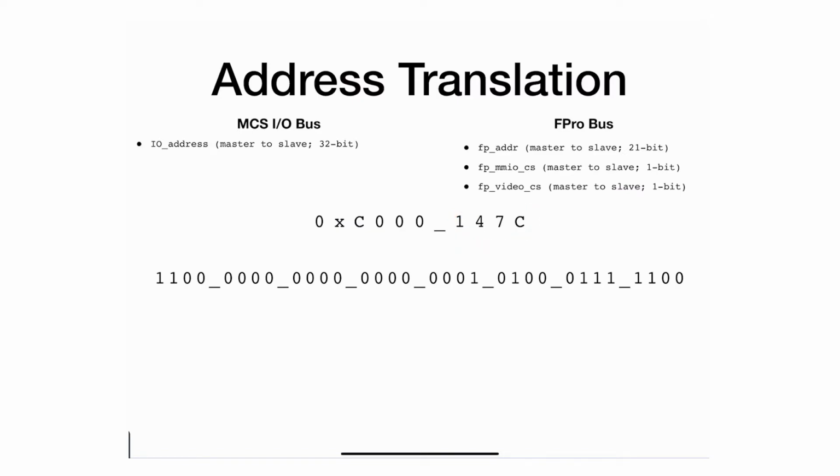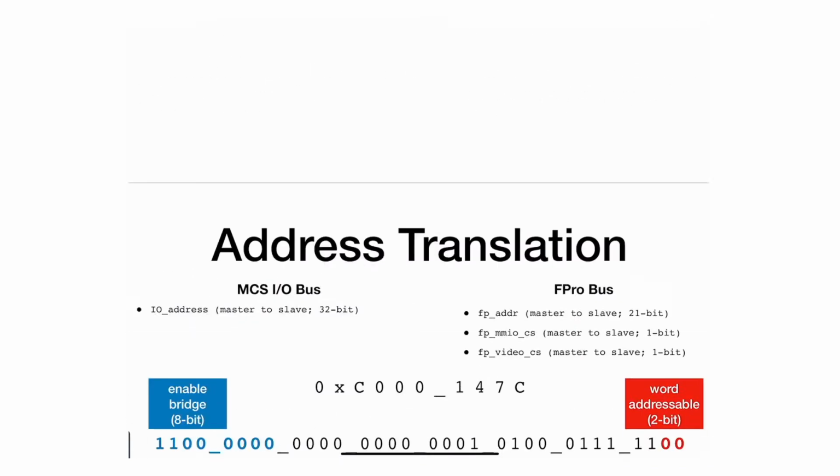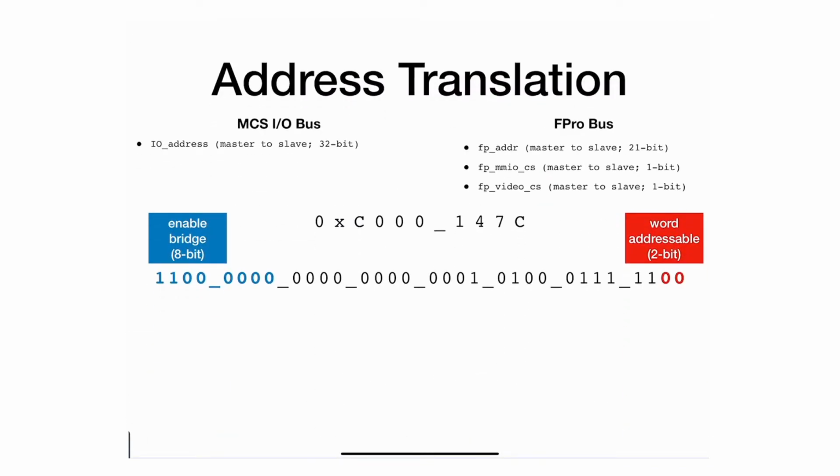Okay, so let's take a look at what's happening. This one here is in hex, this one here is in binary, so let's go one by one. The first thing is, if I test this particular one in blue, I will know that the processor is trying to communicate with the bridge, not with its internal RAM. This is just to double check that the processor is trying to communicate with my system.